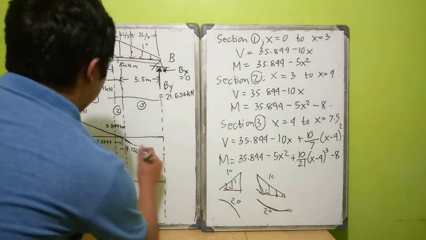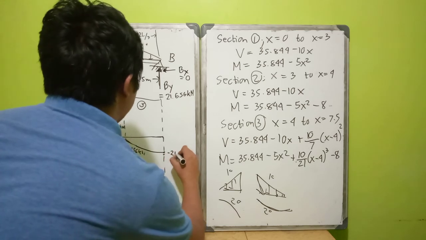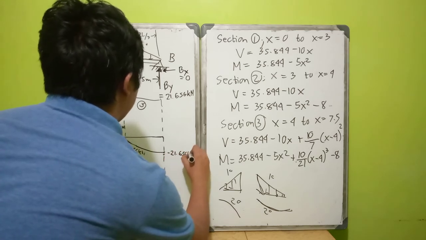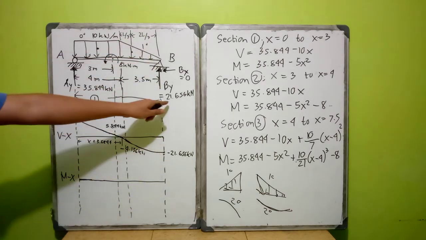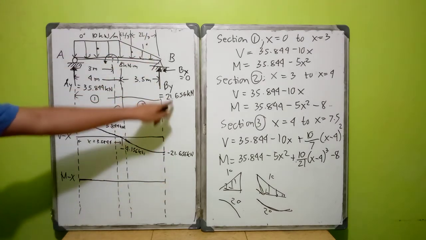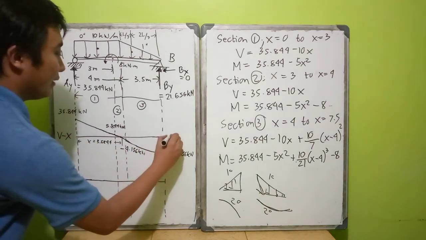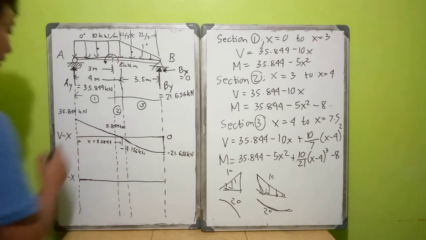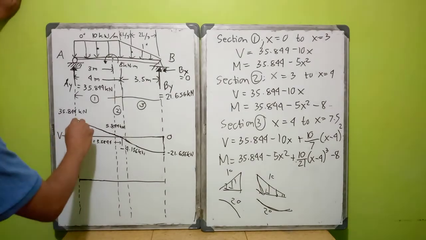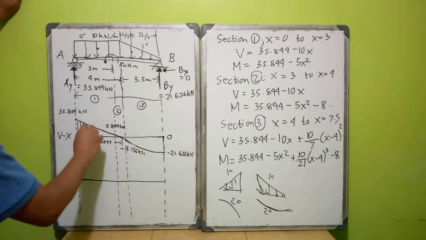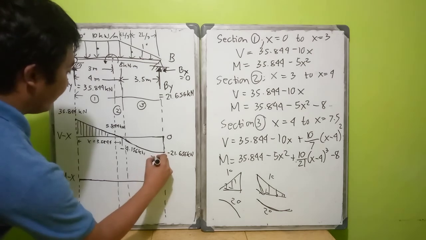It should be flattened, so it will have negative 21.656 kilonewton. Since we have an upward force of 21.656 kilonewton, we add it here, so at the end it will end up at 0. So this will be your shear diagram. This is a 2 degree curve.